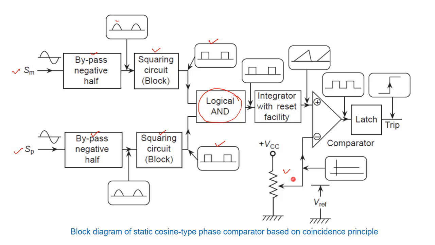We will see how we set that reference value, and based on that we will get some pulse waveform, and that will in fact give the trip command to the circuit breaker. So let us see how we can find the V reference, that is the reference voltage to the comparator, and after comparing the integrator output with the V reference, what kind of output we are getting, right.